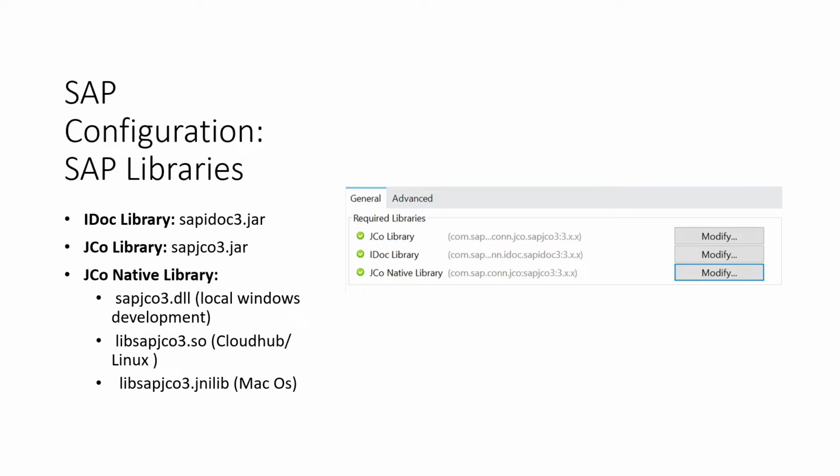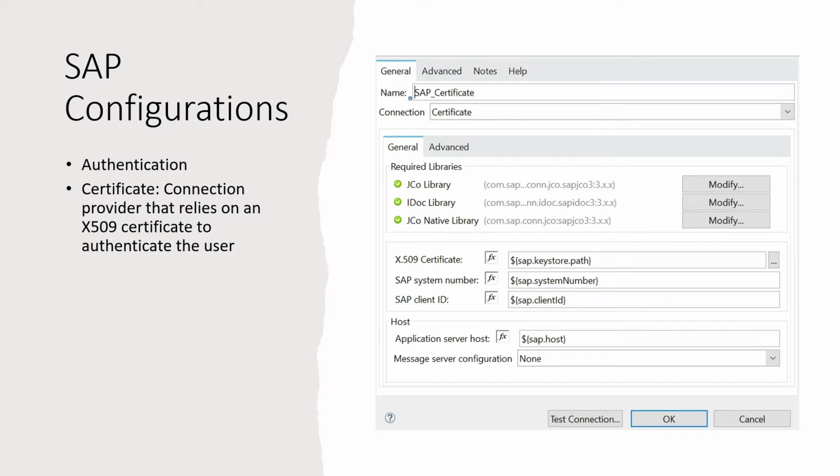Now we will talk about configurations of the SAP connector. We start with SAP authentication. SAP config follows two authentication types. In first type, we can provide a X509 certificate. Then it is used when the MuleSoft is acting as a client.